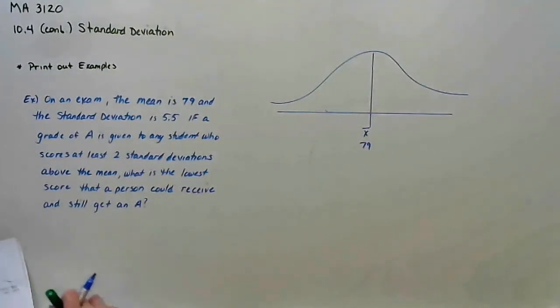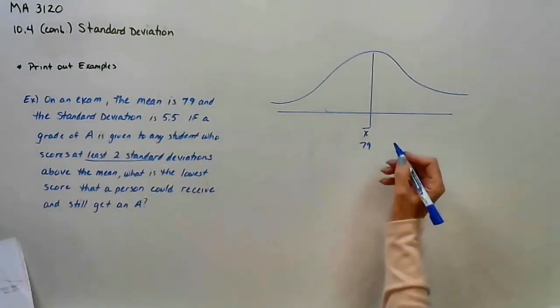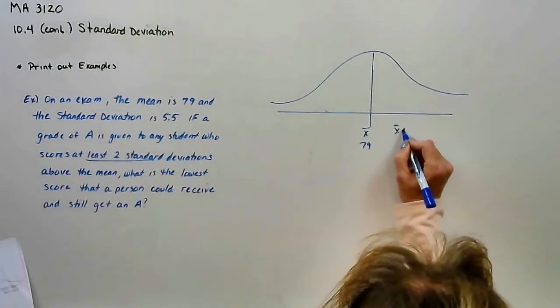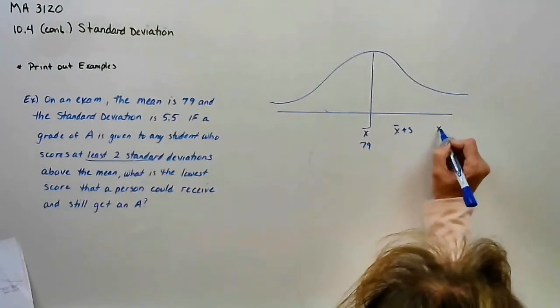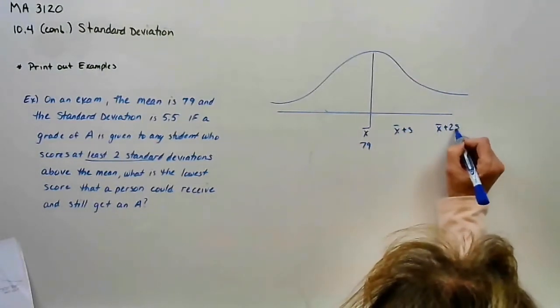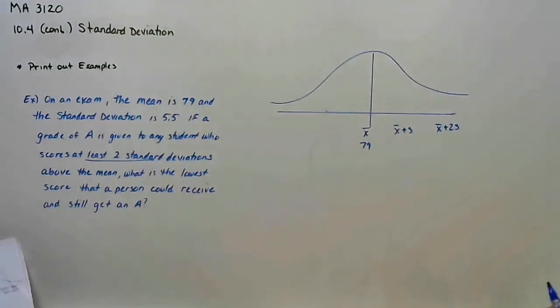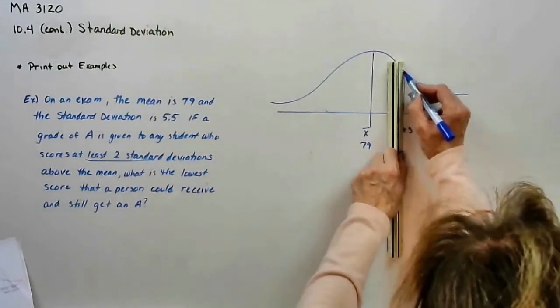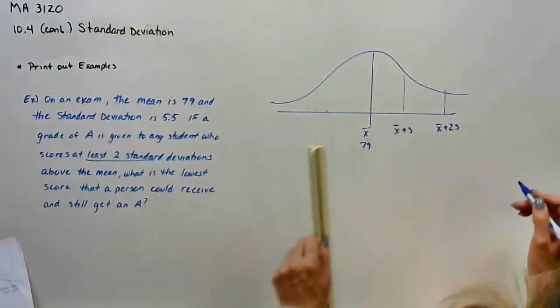And according to this, anybody who got at least two standard deviations above the mean. So one standard deviation, two standard deviations. So I'll call this one standard deviation, call this two standard deviations.